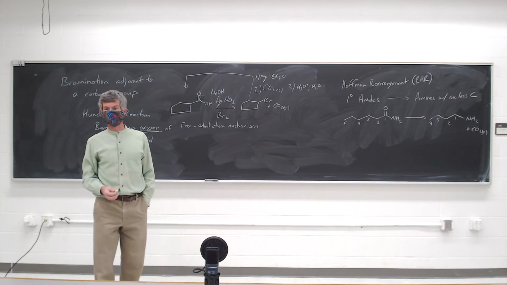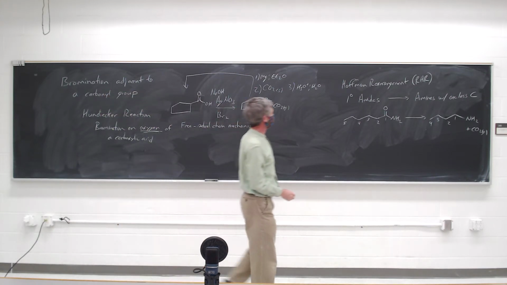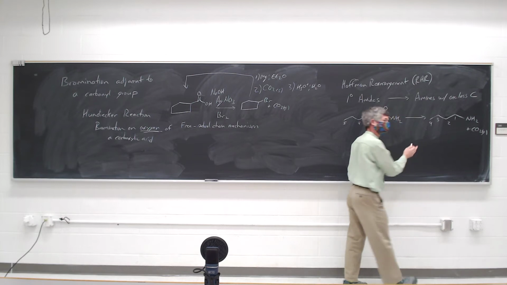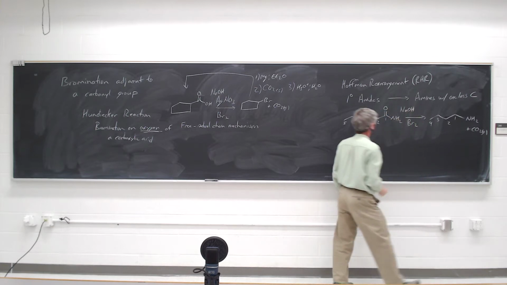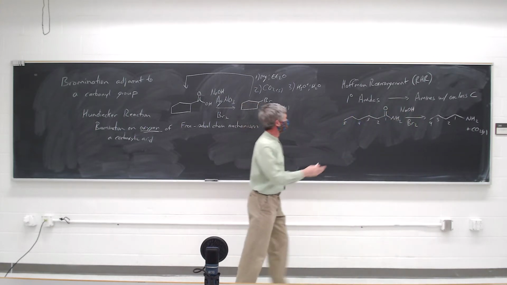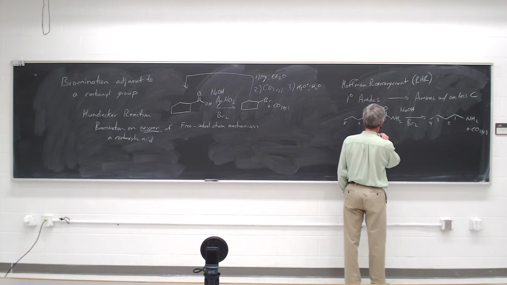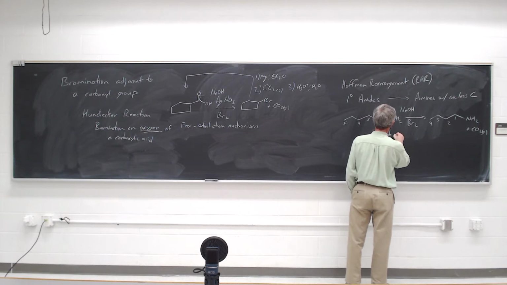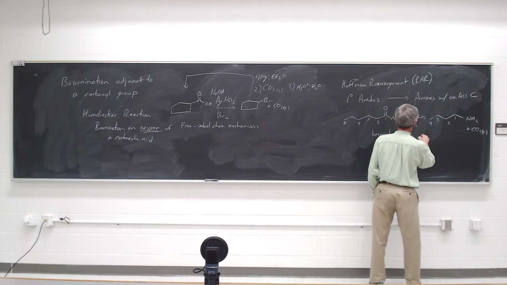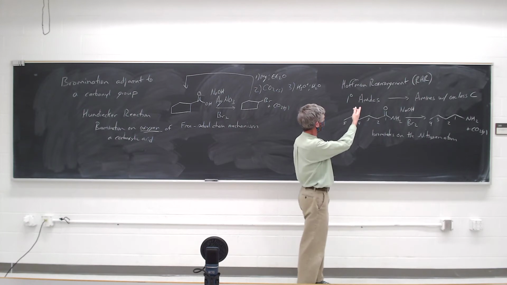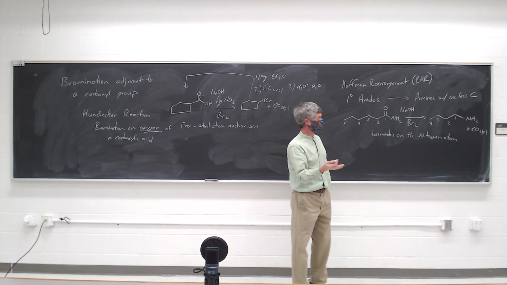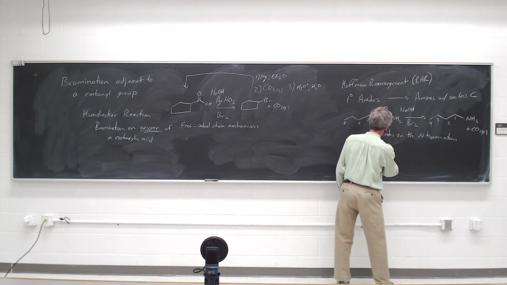Pentanamide would make butylamine or aminobutane. It's base, again, and bromine. And it goes through a bromination on the nitrogen atom. This one involves, obviously, because it's called a rearrangement, there's an alkyl shift.